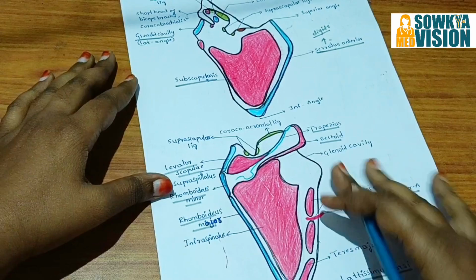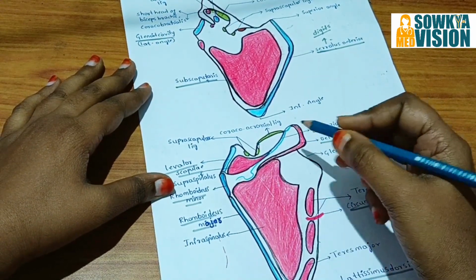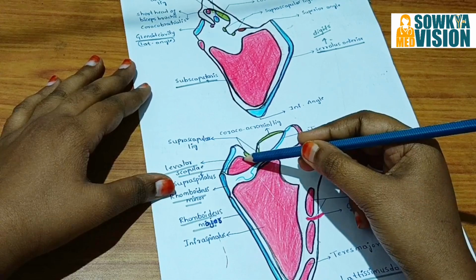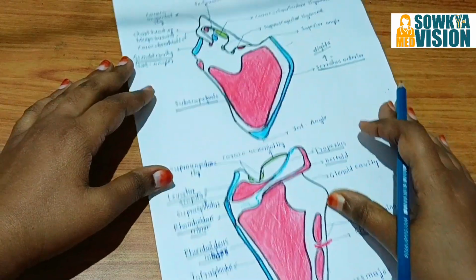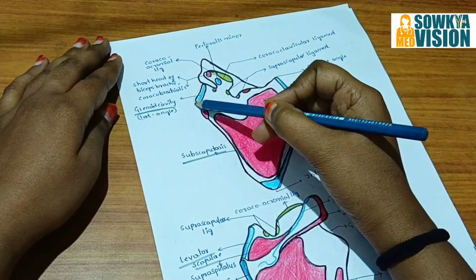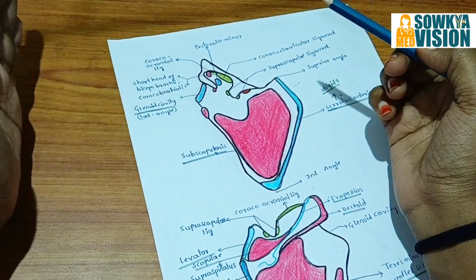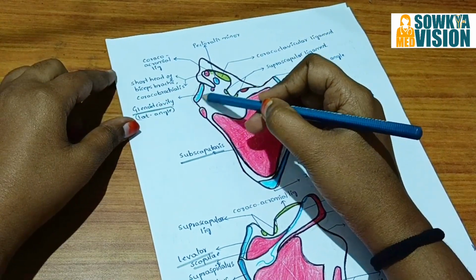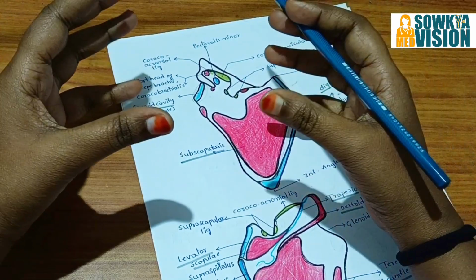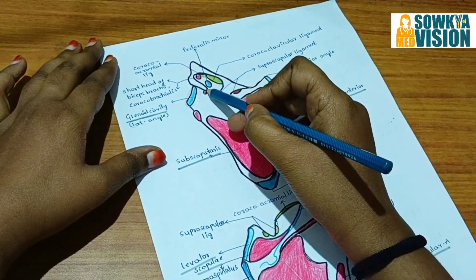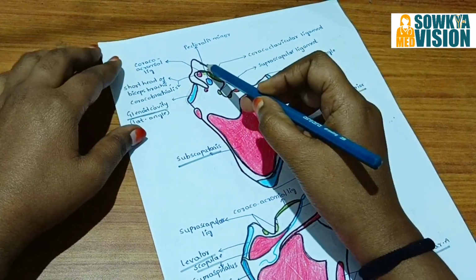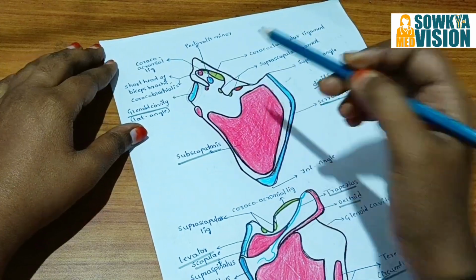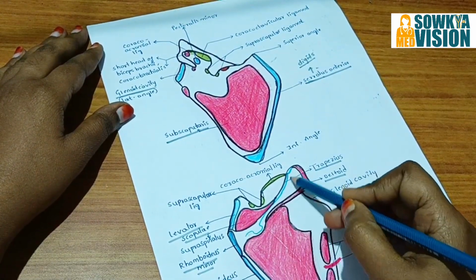Yes, dorsally, the spinous process divides the dorsum into supraspinous and infraspinous fossae for the supraspinatus and infraspinatus muscles. And again, the glenoid cavity is present laterally at the head for the articulation of the humerus, and the coracoid process, which is beak-like, and another process, the acromion process, and the third process is the spinous process.